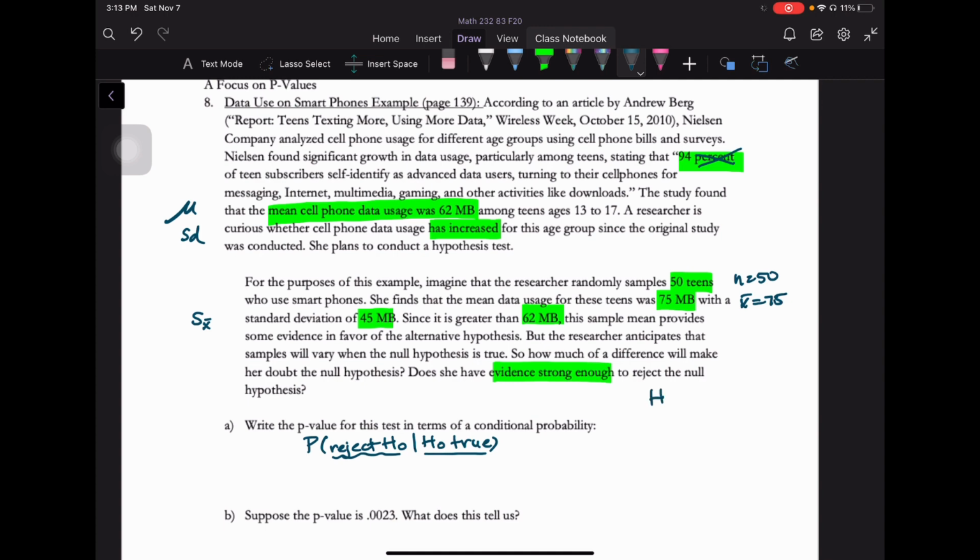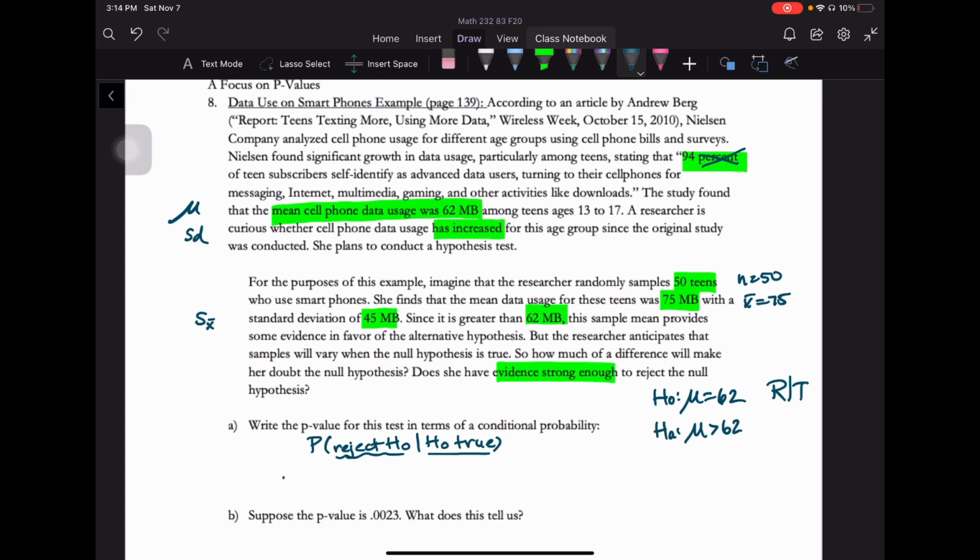The null hypothesis was that the mean usage was 62 megabytes. And the alternative was they think it's greater than that. So if we're rejecting the null, that means we're rejecting this, even though this is true.